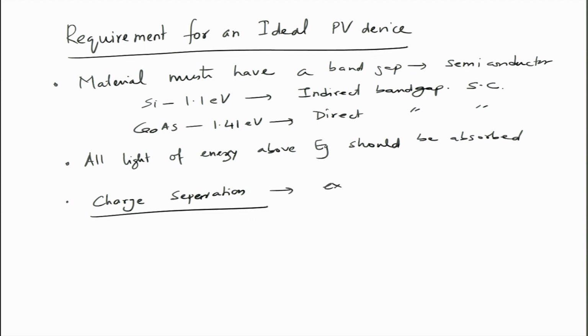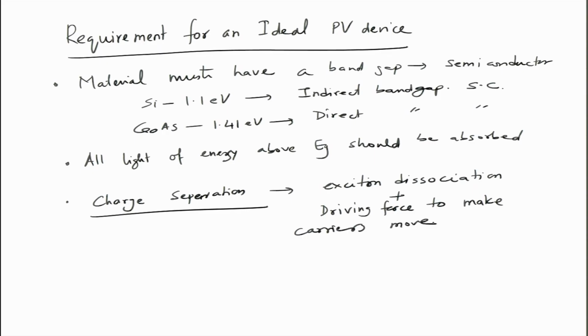So, basically you must have exciton dissociation, and then there must be a driving force in the device to make carriers move, okay, to the junctions, to the appropriate electrodes, okay. And then there should be lossless transport.